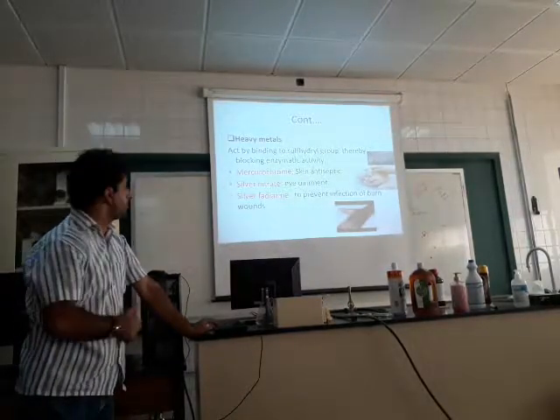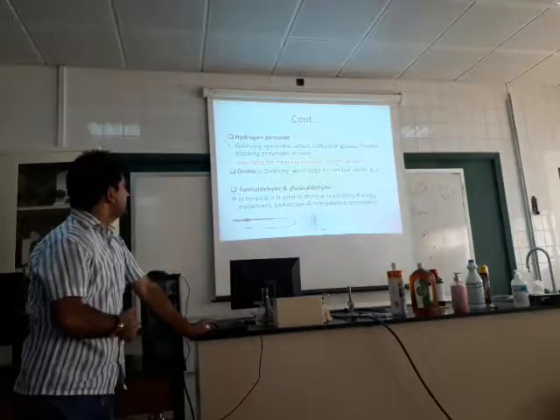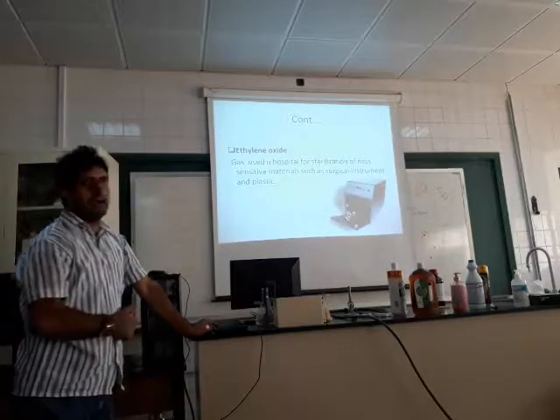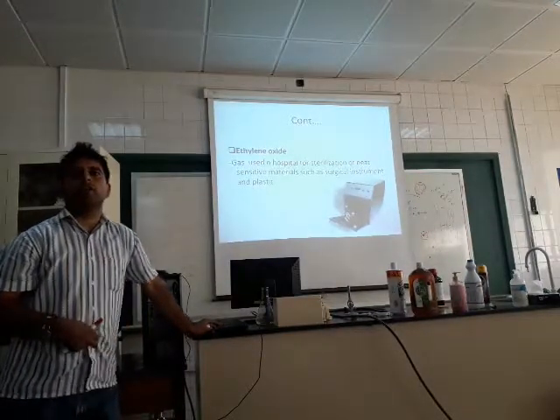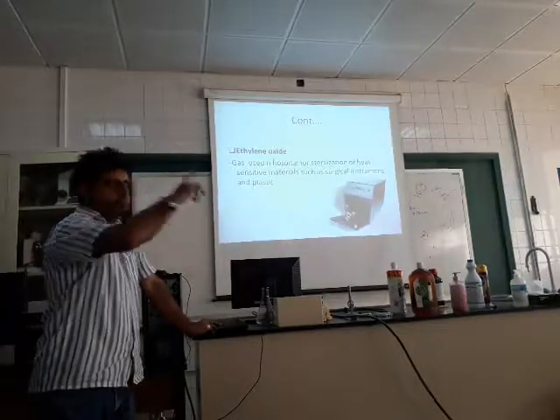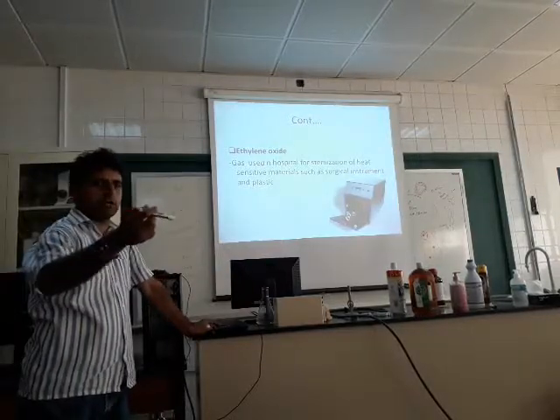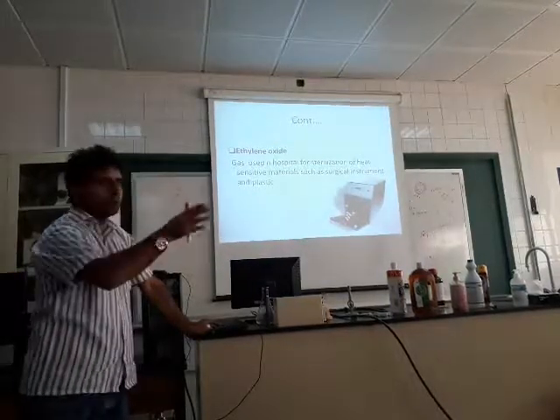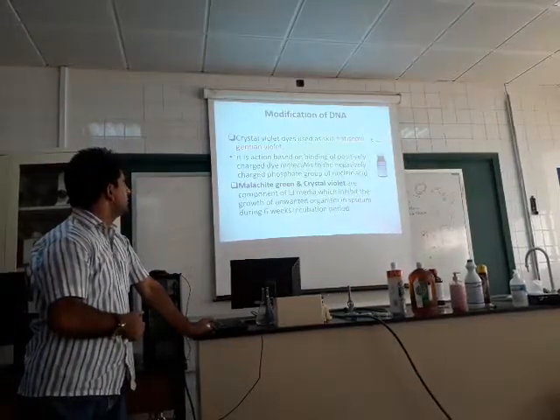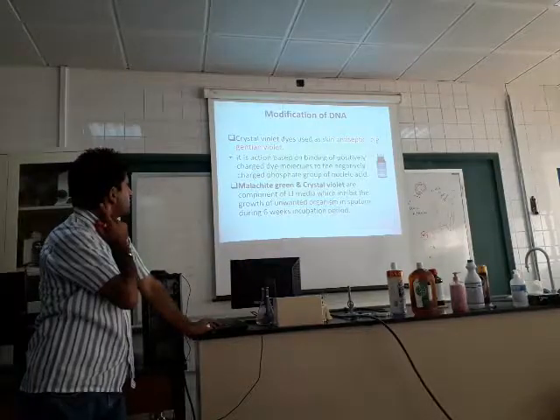Silver nitrate is used for your PBPs. Hydrogen peroxide and gases. One of the sterilizing agents is ethylene gas. You keep something in the machine, like clothes, catheters or plastic items, and you produce a gas called ethylene gas. It acts as a sterilizing agent. And finally, the stains, malachite green and crystal violet.